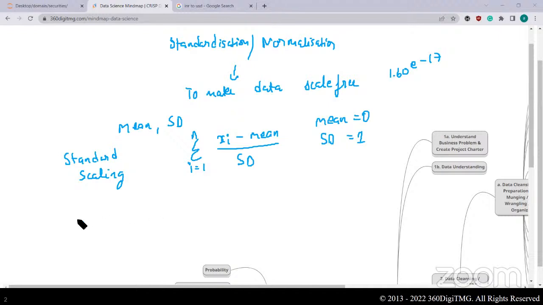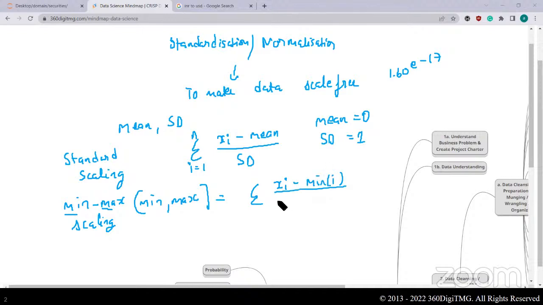Okay, and then we have min max scaling. So in min max scaling, what you do is you find the minimum value and the maximum value. Then you subtract again: x of i minus the minimum value, divided by max minus min.